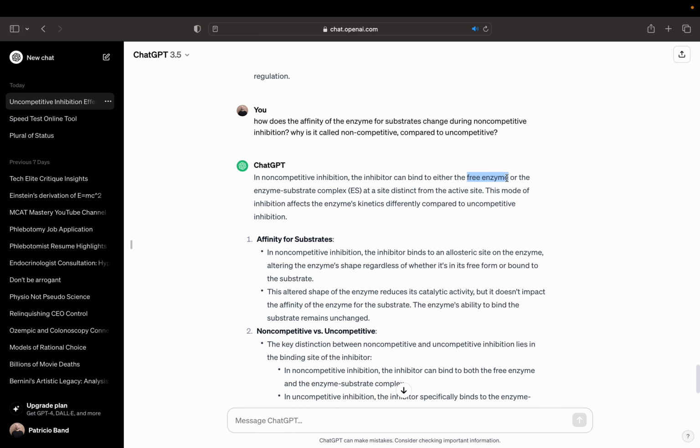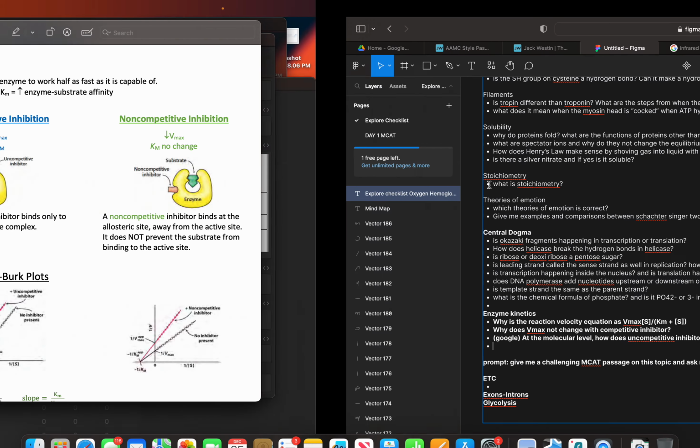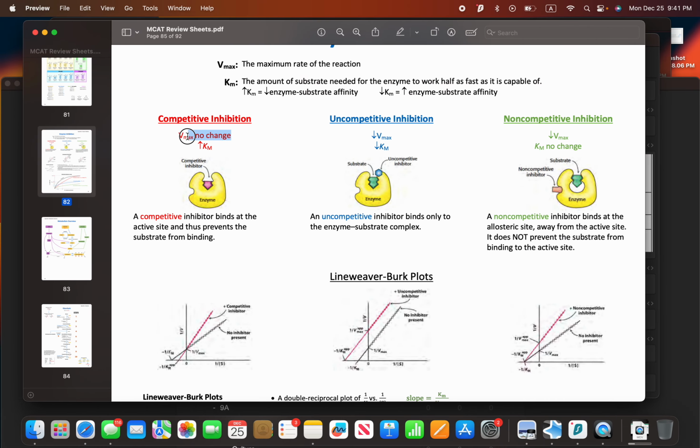So that's why the Vmax is affected. That's why the Vmax is reduced, right? Or wrong? So Vmax here is reduced because those active sites were changed, right?